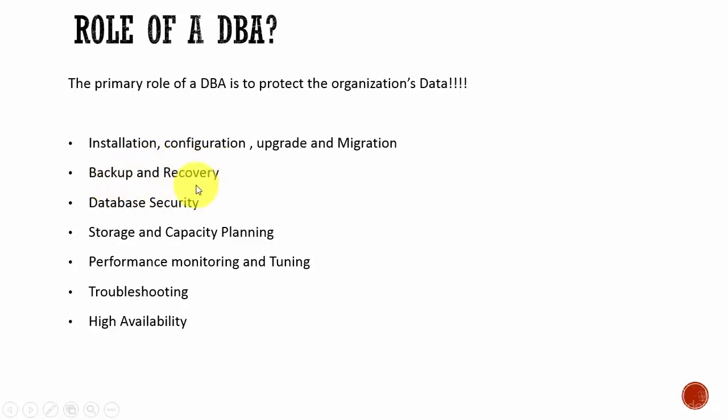This is one of the very important roles of a DBA. The DBAs have to come up with a backup and recovery plan and then take the backups according to the plan. They need to make sure that all the backed up files are stored in a location which you can access.